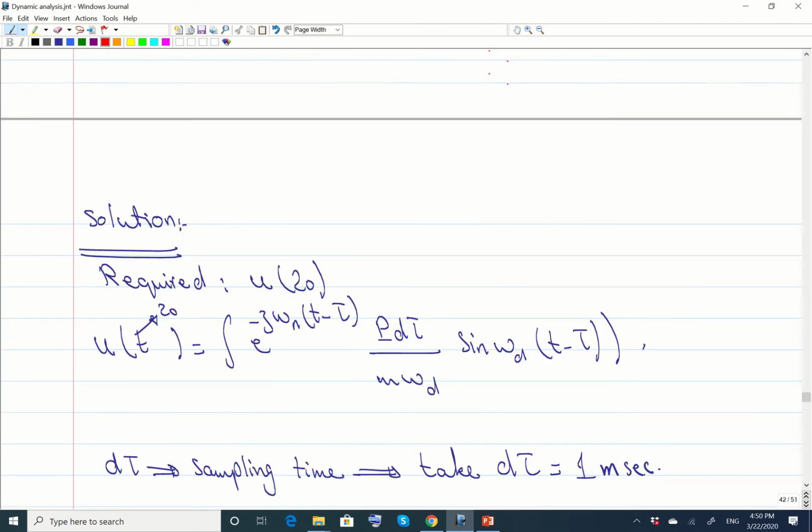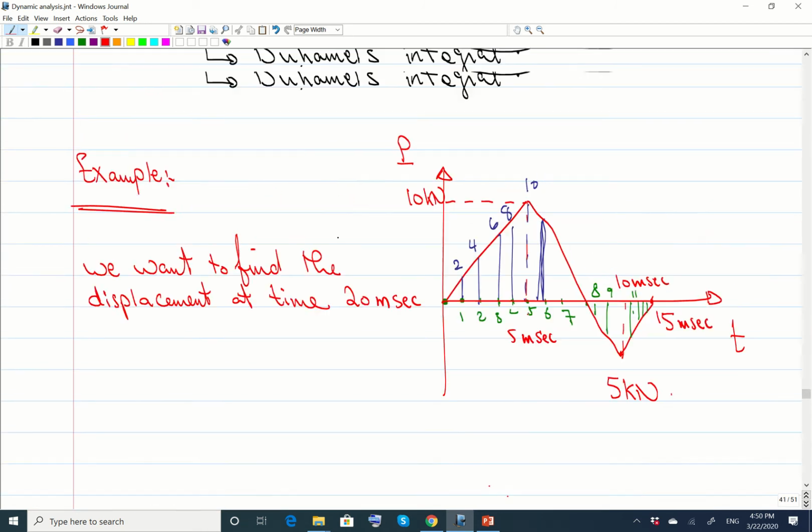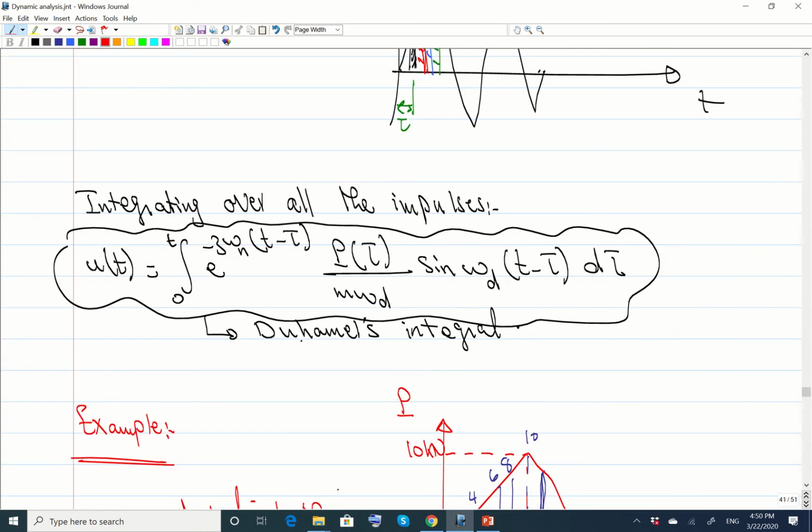We have the Duhamel's integral. It's an integration. Instead of doing the integration, I can simply say it's the summation over I of e power negative zeta omega n t minus tau of I, the time at the step I, p of I divided by m omega d sine omega d t minus tau, and then multiplied by delta tau.